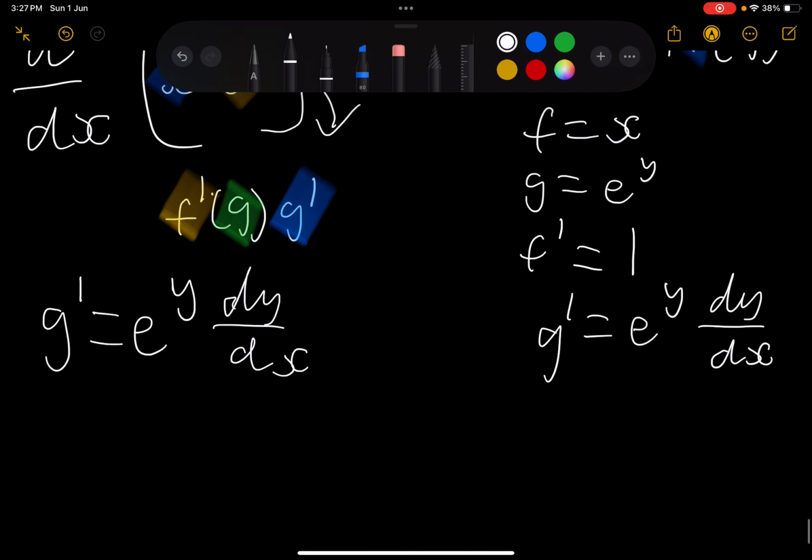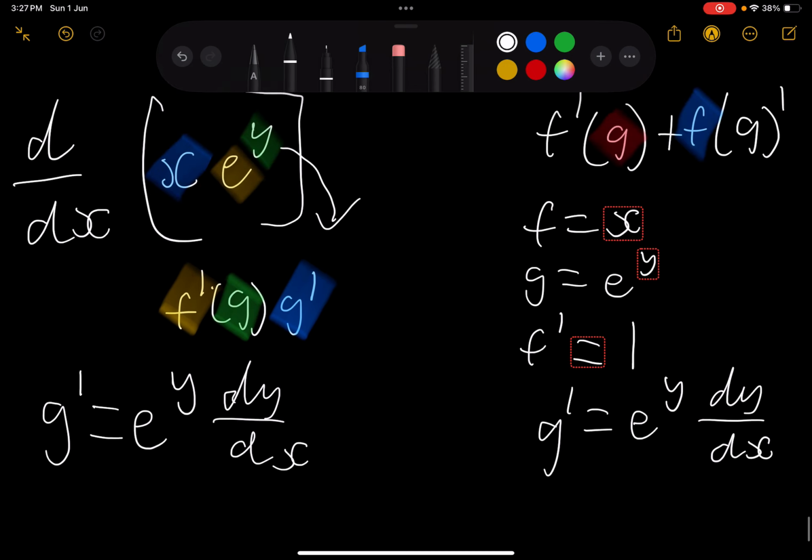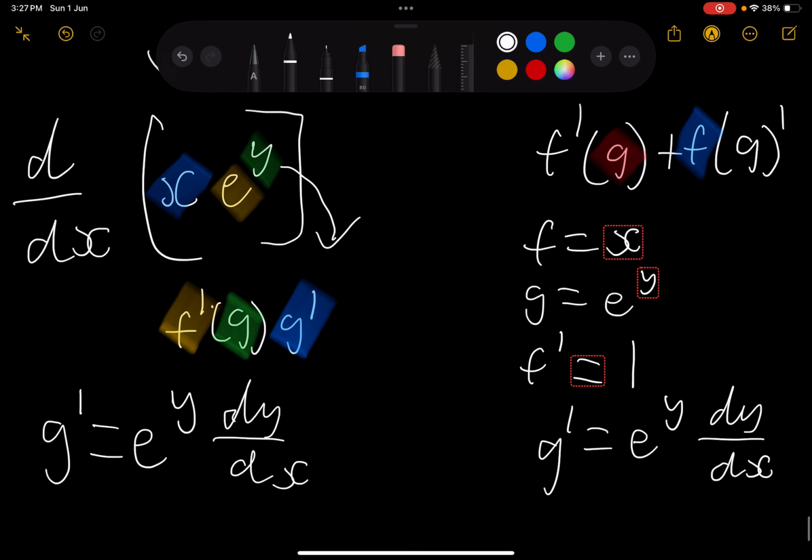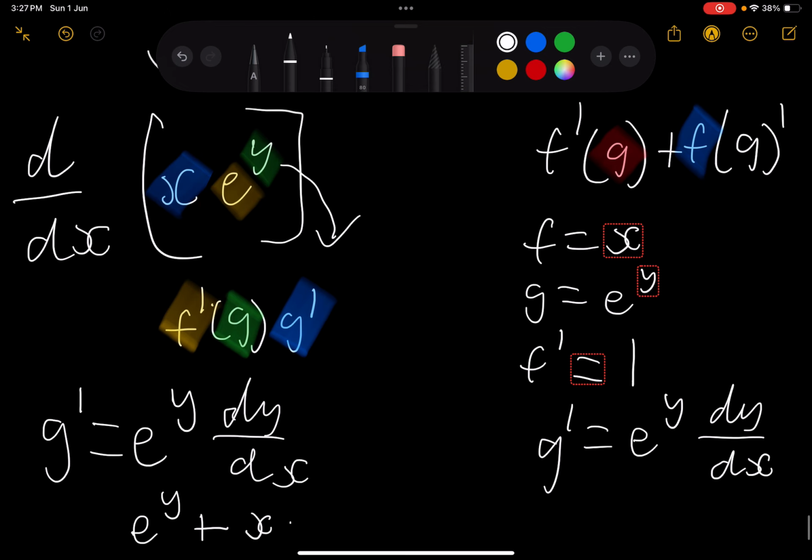I'll just move up a bit so you can still see the product rule, and I'll write it down here. So you've got f prime, which is just 1, times g, which is e to the y, plus f, which is x, times g prime, which is e to the y, dy over dx.